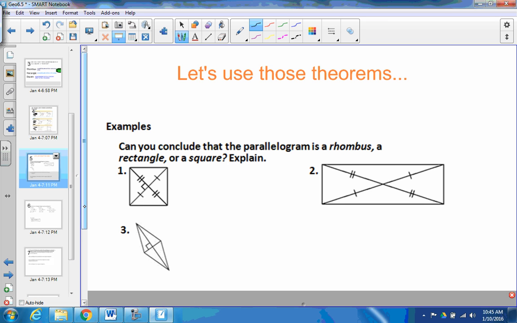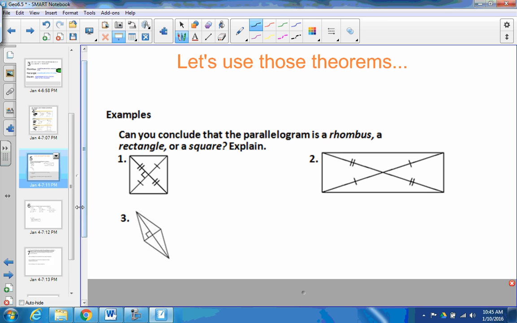Got a couple examples here. The first set, I think these are all in your notes. It says, can you conclude that the parallelogram is a rhombus, rectangle, or square? Explain. So maybe neither, but it's a rhombus, rectangle, or square. We don't have anything with the sides or the angles. If we look at number one, though, the diagonals bisect each other because it's cutting these in half. So we know it's a parallelogram, but we're already given that.